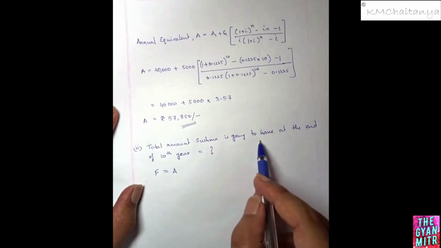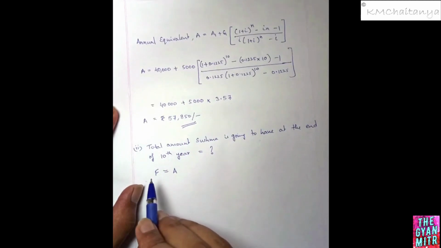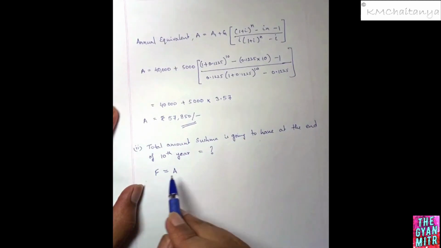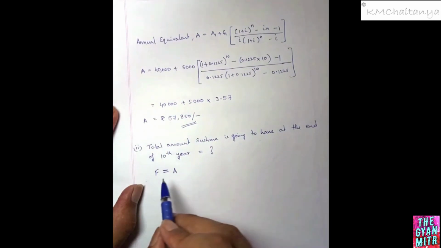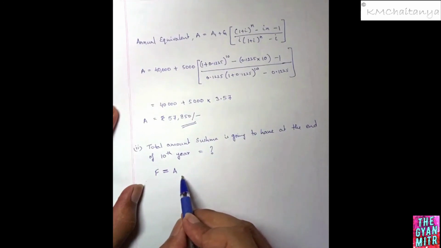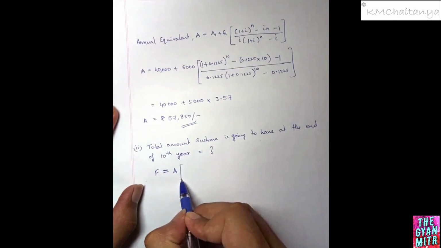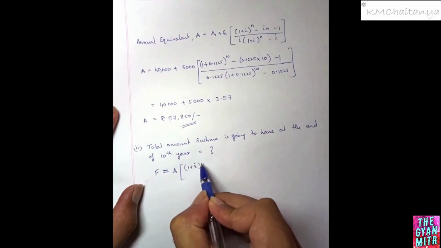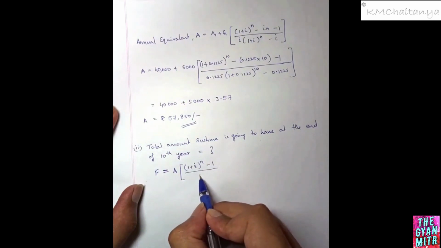Now this question is the future value of annuity, or the compound amount of annuity, or capitalized cost of annuity, so whatever you can consider. So it is the capitalized amount of your annuity. So F is equal to A into (1 + i)^n minus 1 divided by i.